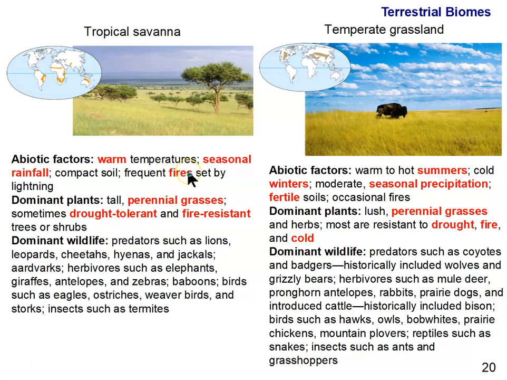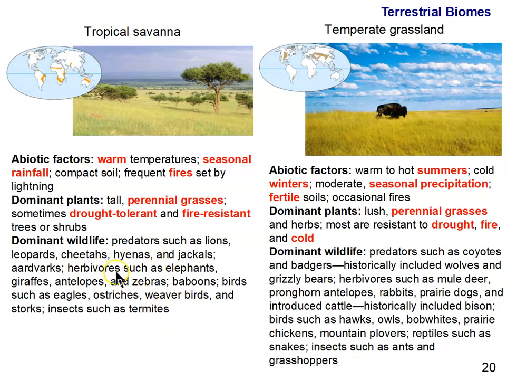There are frequent fires in both of them, and also because of the seasonal rainfall, there have to be drought-tolerant species as well as fire-resistant species. So really the biggest difference between the tropical savanna and temperate grassland is that in the tropics it's warm year-round, and in the temperate regions or temperate latitudes there are seasonal changes.